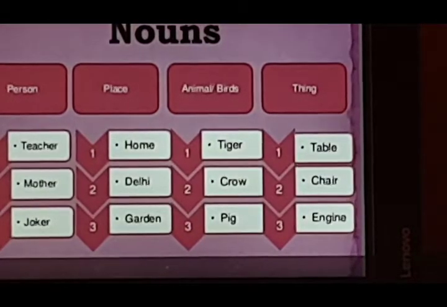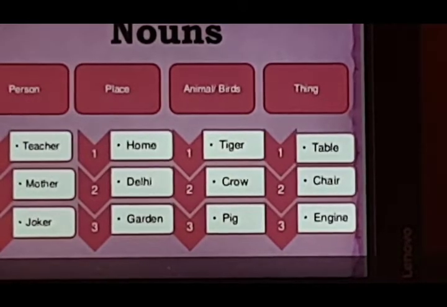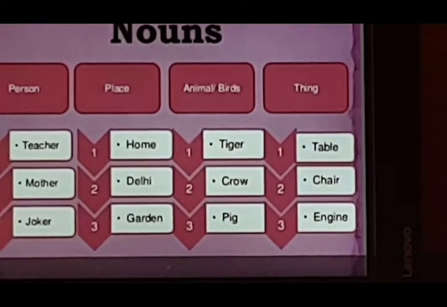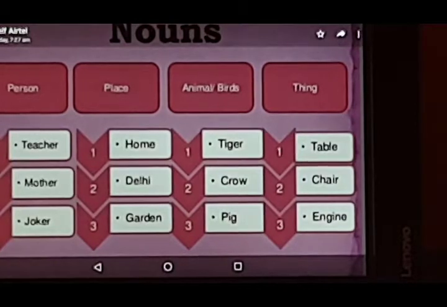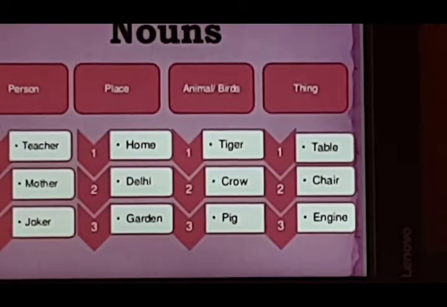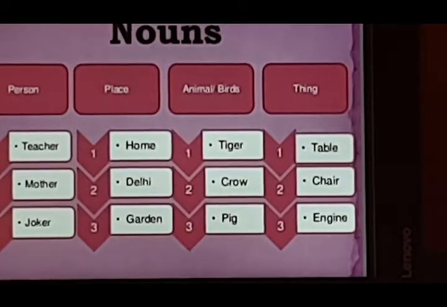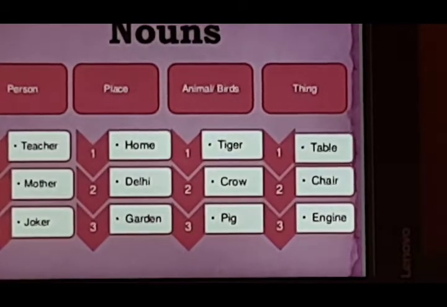So what all comes to our mind after seeing that picture? First of all, that picture is of a girl, and what is that girl? That girl comes in nouns, since we know what nouns are: naming words where we have persons, places, animals and things.